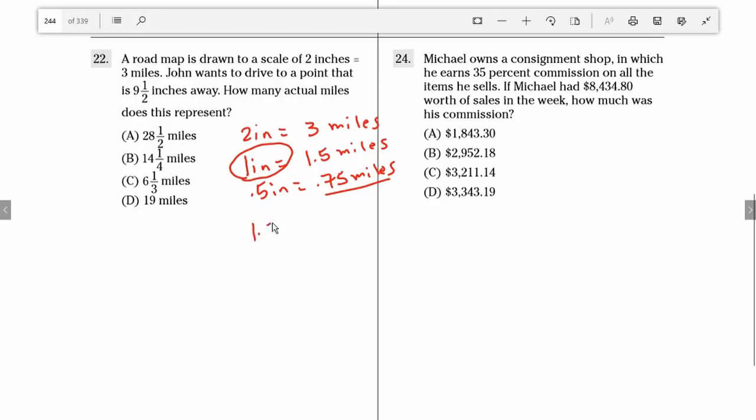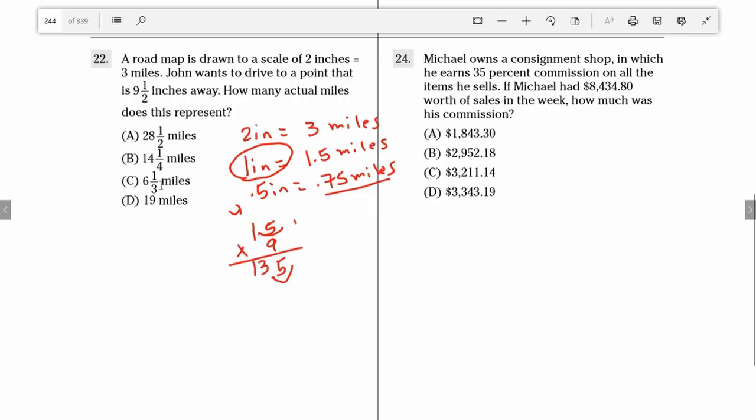So 1.5 times 9. This will get us the 9 inches. Again, since we have a decimal in multiplication, we'll move it once, and we'll add it back in at the end. 5 times 9 is 45. Carry the 4. 9 times 1 is 9, plus 4 is 13. Add our decimal back in, 13.5.